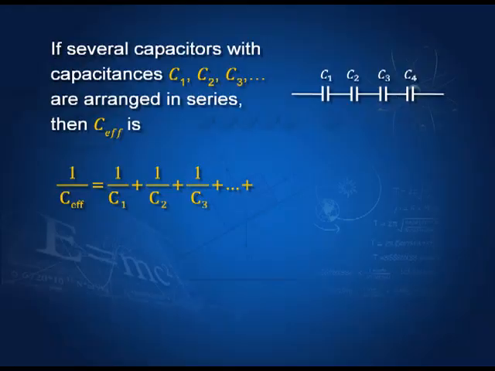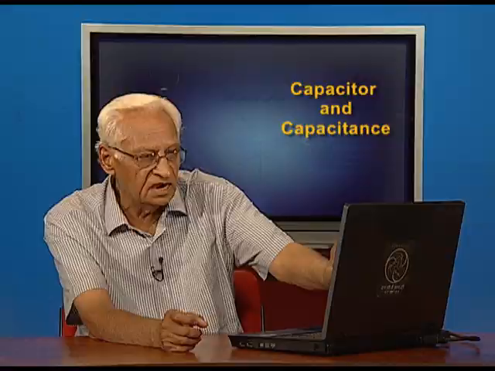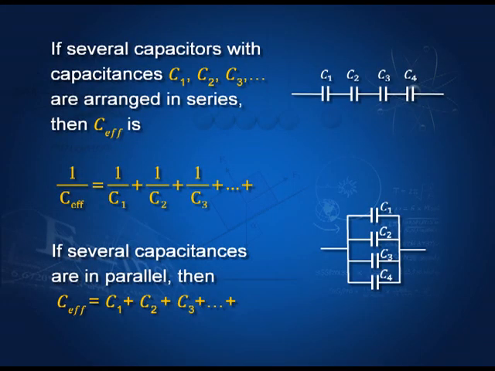Now, if several capacitors with capacitances C1, C2, C3 are arranged in series, then the effective capacitance is given by the reciprocal of the sum 1 by C1 plus 1 by C2 plus 1 by C3. And if they are in parallel arrangement, then the effective capacity is C1 plus C2 plus C3.